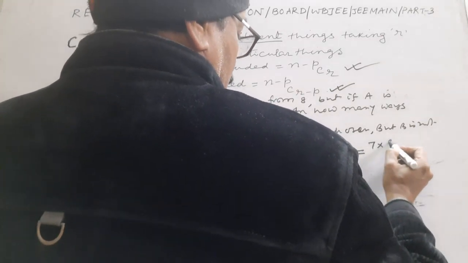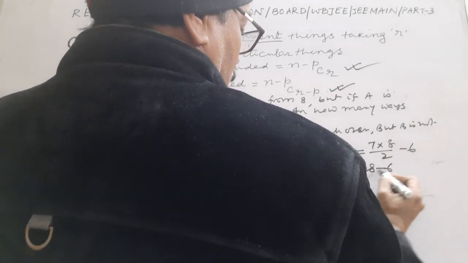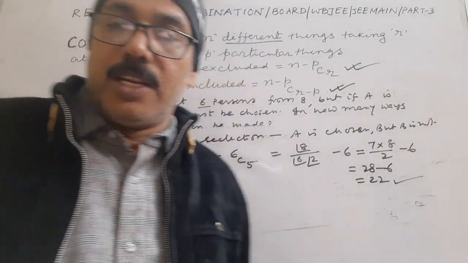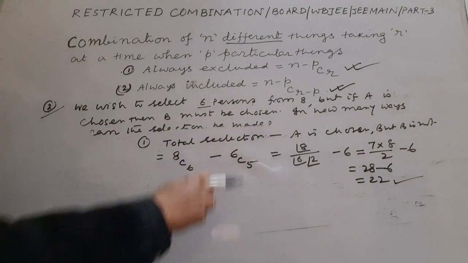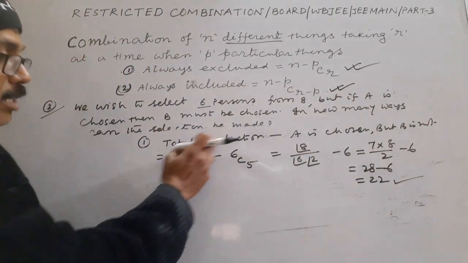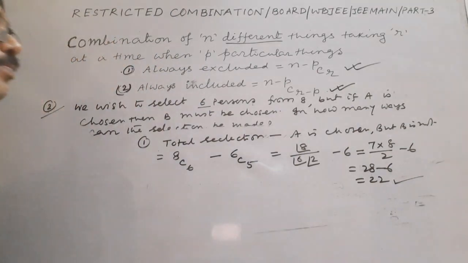So 7 into 8 by 2 minus 6. So 28 minus 6, 22. You can use this theory also, it will be simple. Here it is given that if A is chosen, then B must be chosen. So we take the total selection minus the cases where A is chosen but B is not chosen.